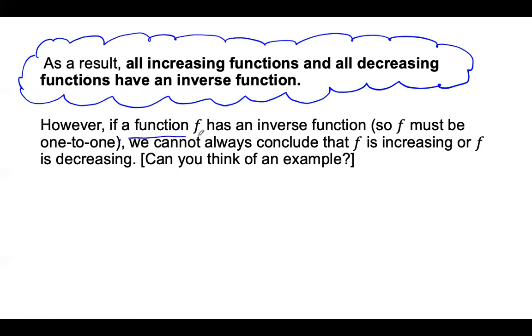If a function has an inverse, this function must be 1 to 1. But can you conclude of something that it's 1 to 1 but it's not increasing or decreasing everywhere?